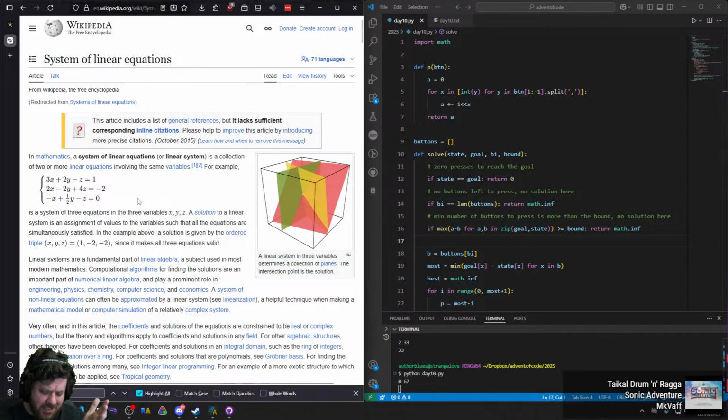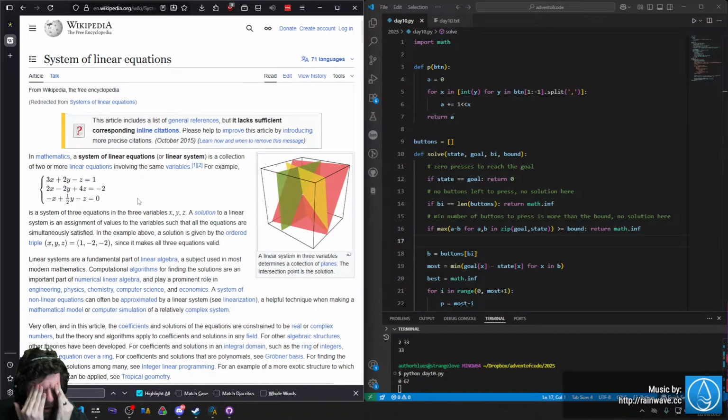Is this solving a system of linear equations, though? It's not. It's not linear equations. It's an optimization problem. Those are two different things.